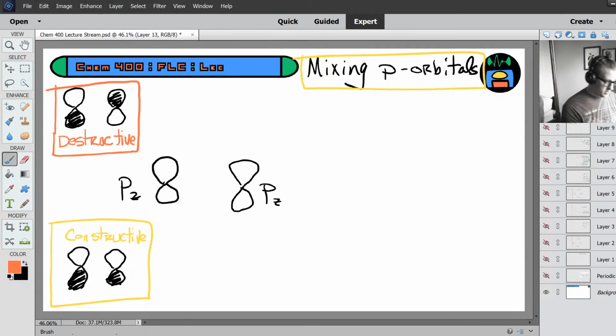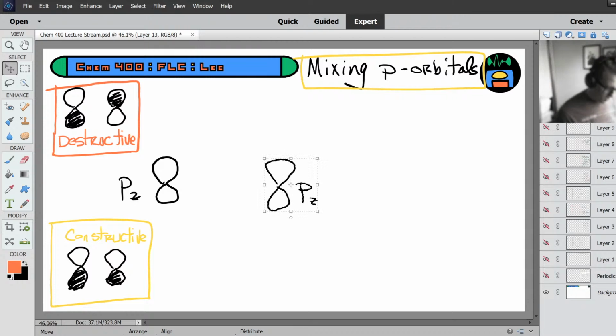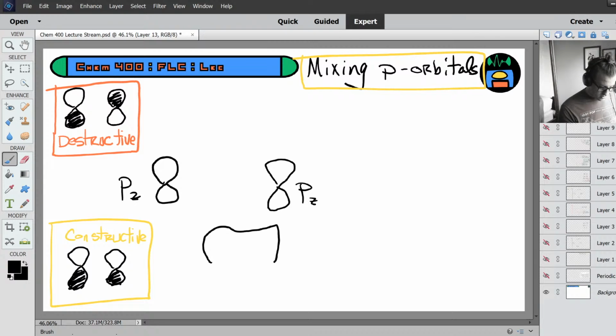Destructive orbital overlap. I'm going to give myself a little more room to work here. When you mix your two pz orbitals in a constructive fashion, what you get is a pi bond. Whoa, that's an ugly pi bond. Let me try that again.